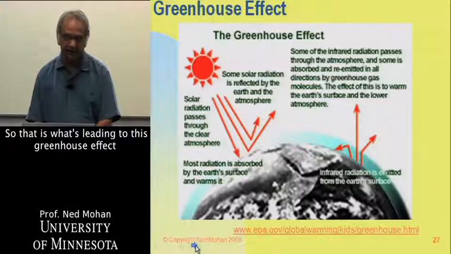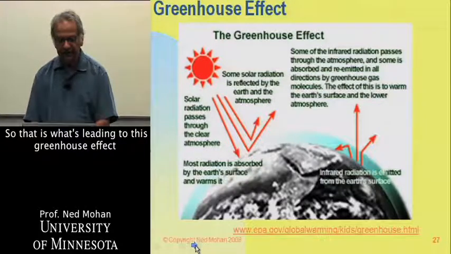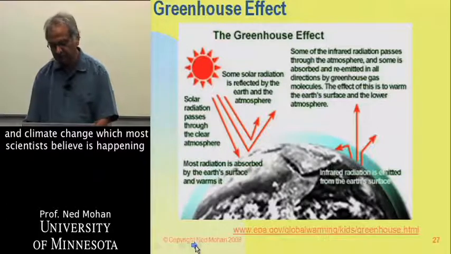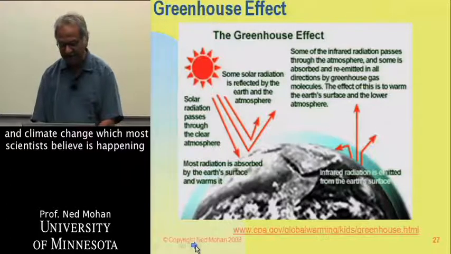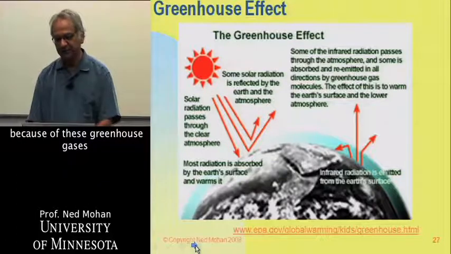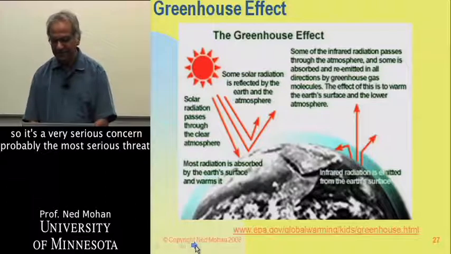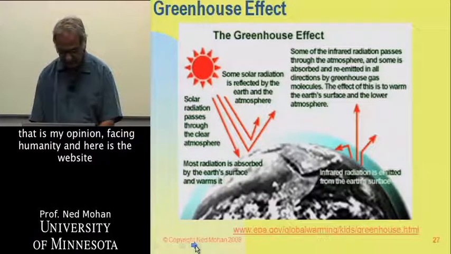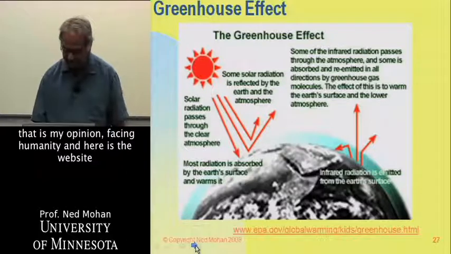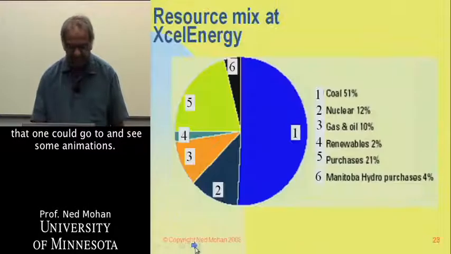So that is what's leading to this greenhouse effect and climate change, which most scientists believe is happening because of these greenhouse gases. So it's a very serious concern, probably the most serious threat, this is my opinion, facing humanity. And here is a website that one could go to and see some animations.